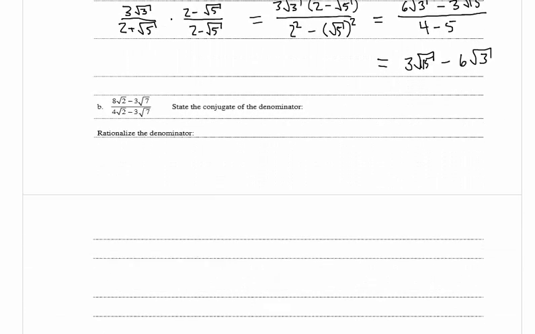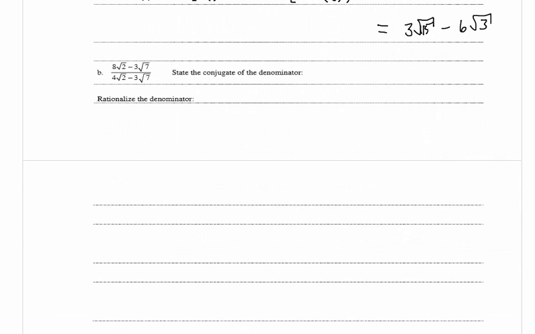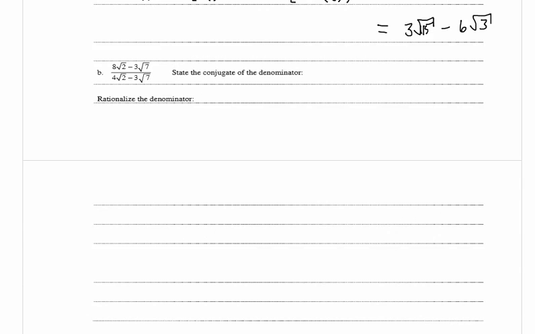In B, we have 8 square root of 2 minus 3 square root of 7 divided by 4 square root of 2 minus 3 square root of 7. And we want to state the conjugate of the denominator, and it's going to be 4 square root of 2 plus 3 square root of 7. And now we want to rationalize the denominator.